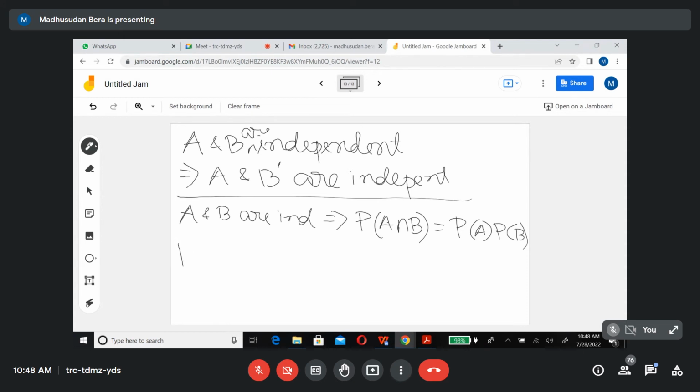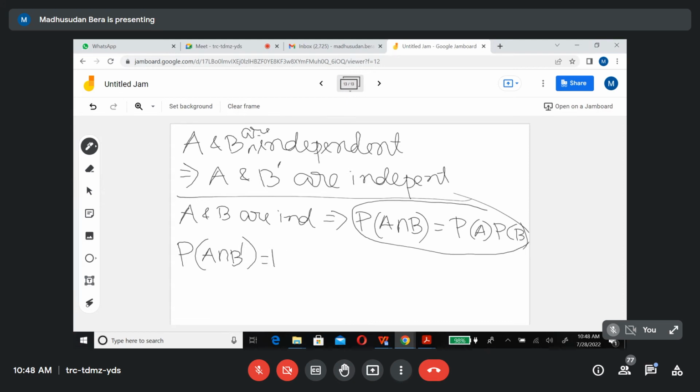Then what we have to show? P of A intersection B dash is PA into PB dash. That we want to show. So how we will show this? Using this relation we will show it. So P of A intersection B dash. Do you know any formula? P of A intersection B complement?